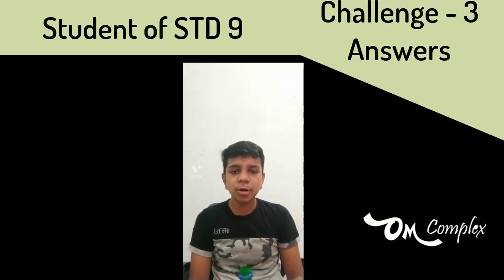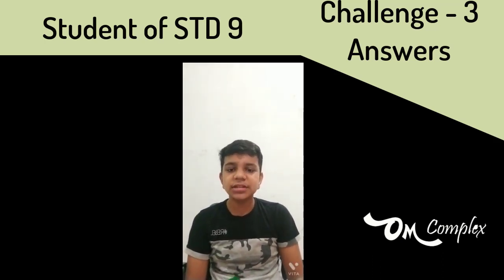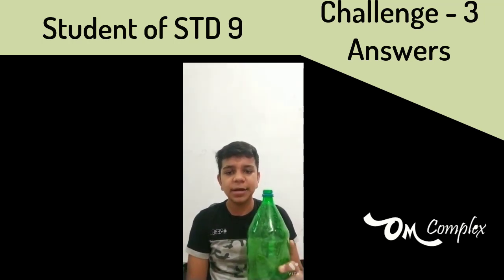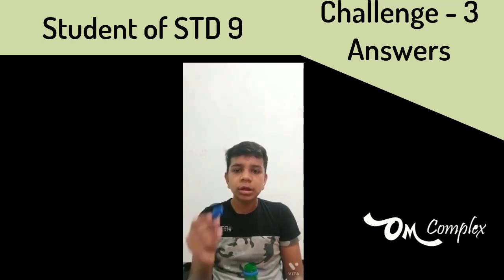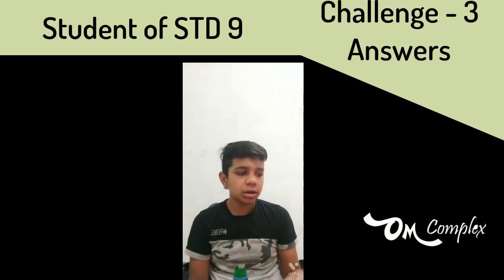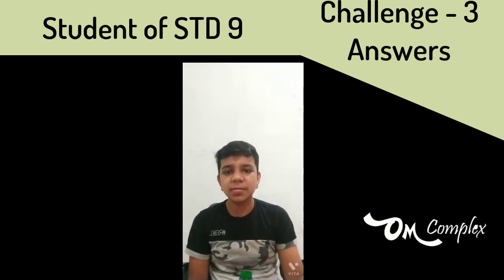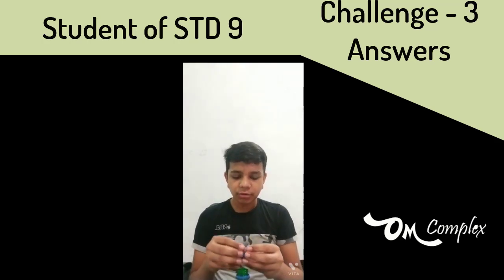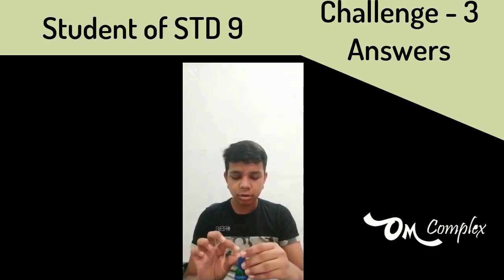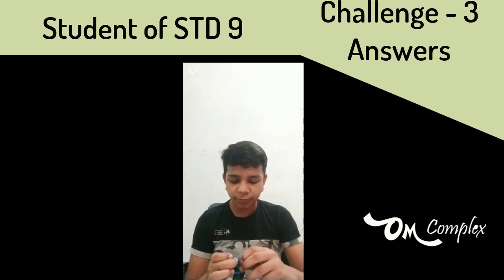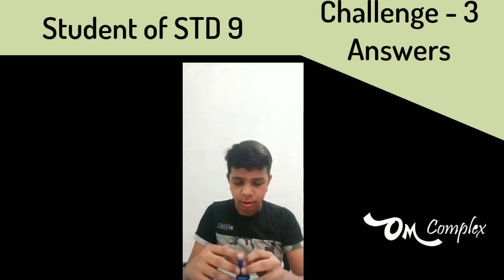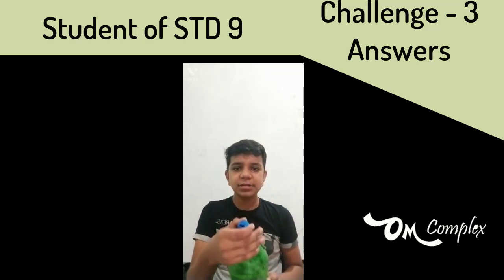Hello sir, good morning. My name is Swam Patel, studying in Standard 9. For this experiment, we will need an empty bottle, a balloon and some water, and also a pair of scissors. First of all, you have to put the balloon on the neck of the bottle like this.